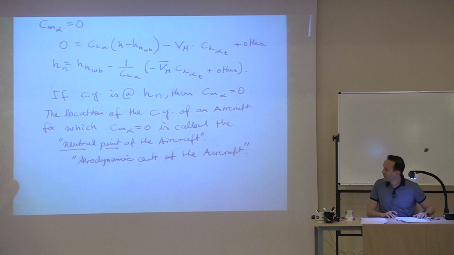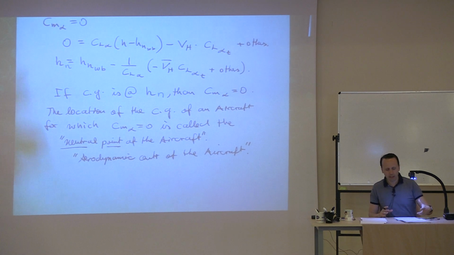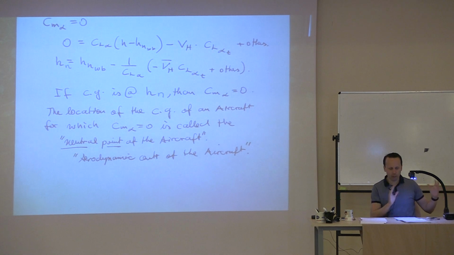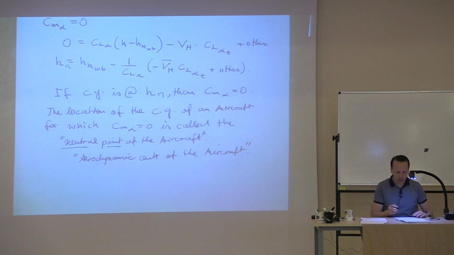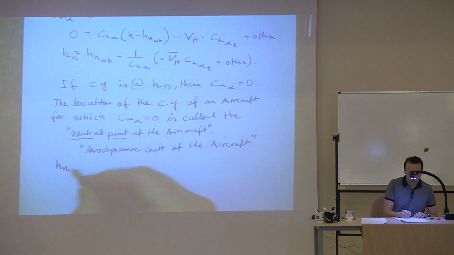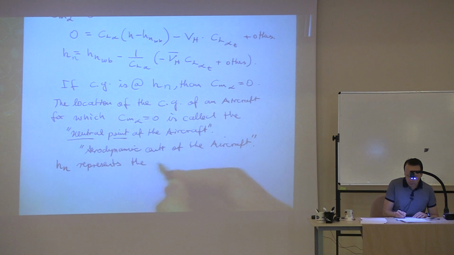Okay? The definition is quite similar, as I said, for the wing and the airfoils. Moment does not change with respect to alpha. But there we didn't really have a concept of the center of gravity. Now we do have it, and the moment is still around the center of gravity. So if you move the CG to a certain point and the moment does not change with respect to alpha, that would be the neutral point of the airplane. And therefore Hn, the way I represent it here, from now on represents the neutral point.